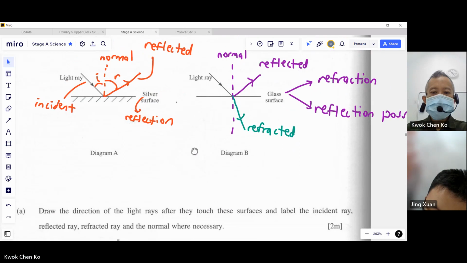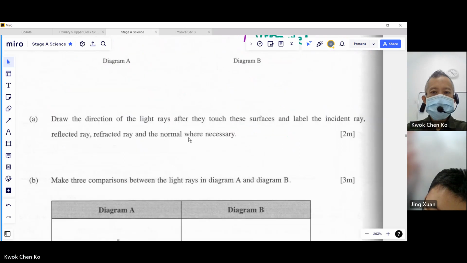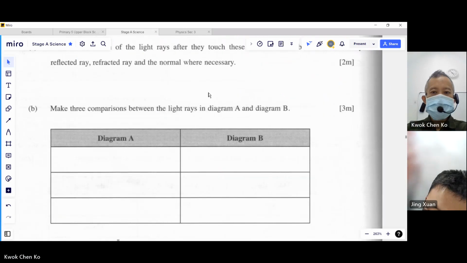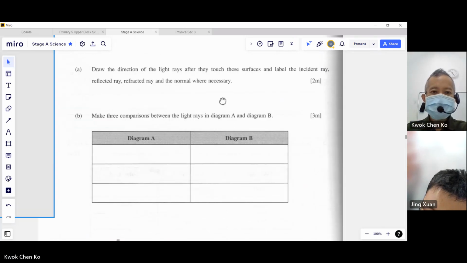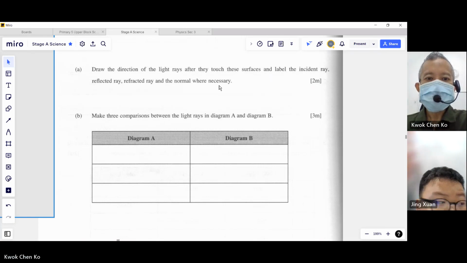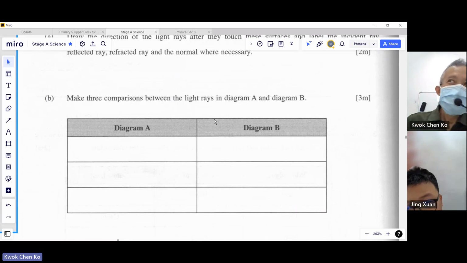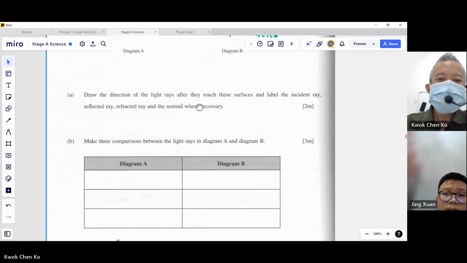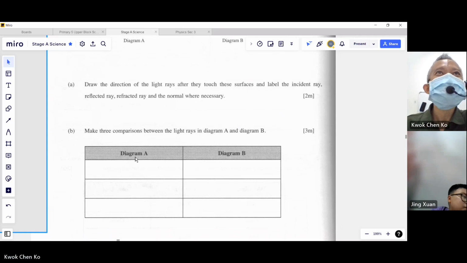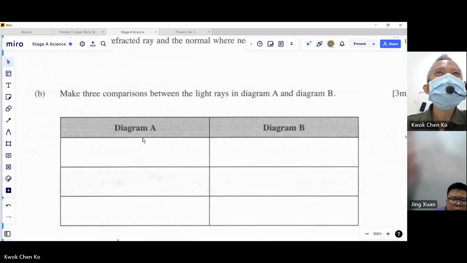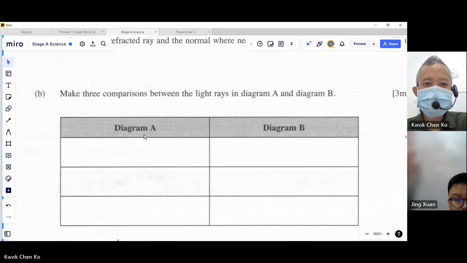Okay, next. Diagram A and diagram B. Did you write anything for this box? No. Angel, what do you think? A?